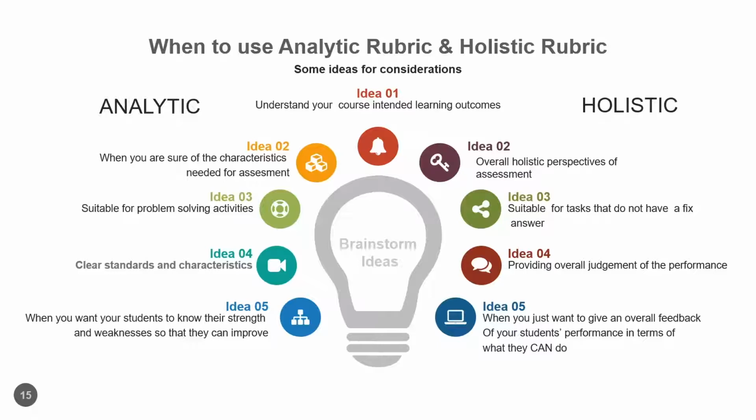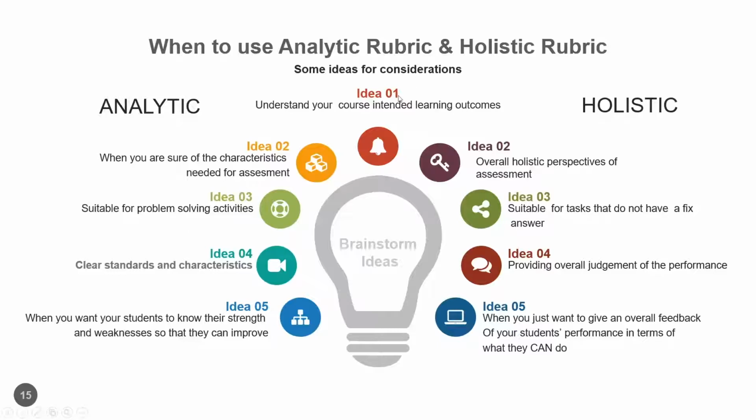So what happens when you give them the indication of where they are? It's not just about getting the score. If they actually read the characteristics, the criteria that you have indicated, they will know their strengths as well as their weaknesses. And because of that, they know how to improve. Okay, so that's the analytic.